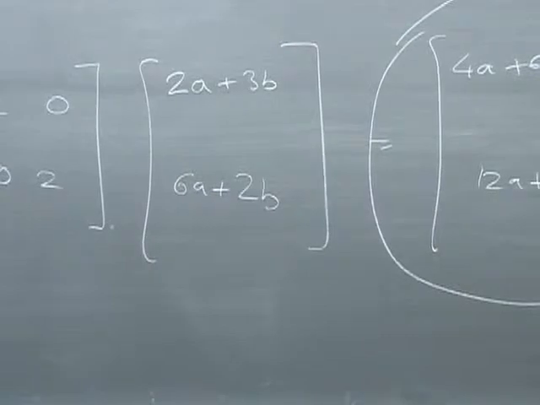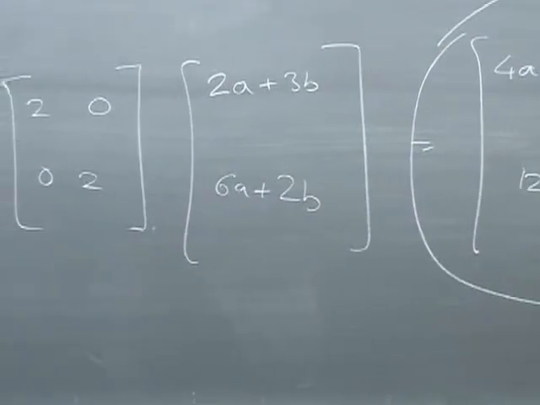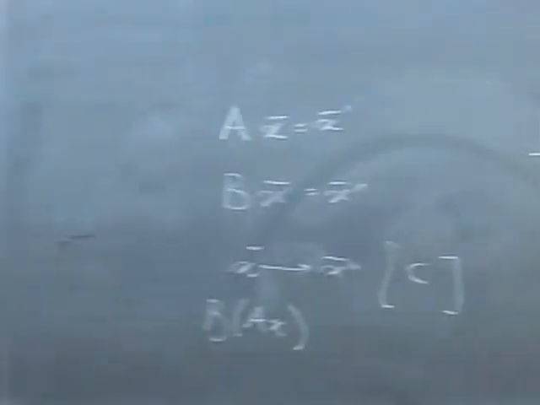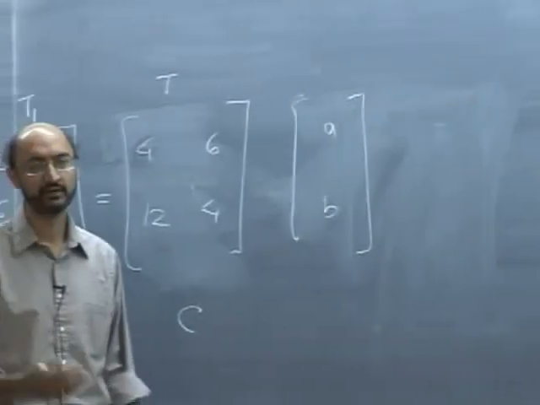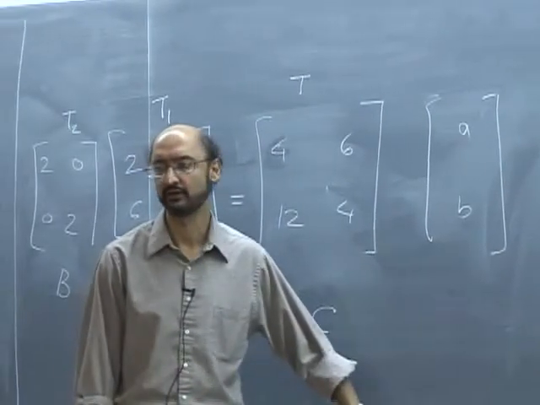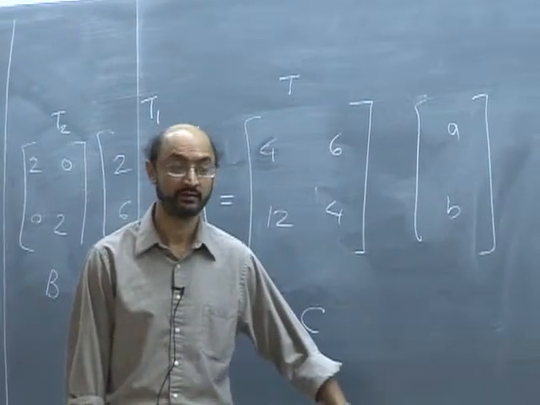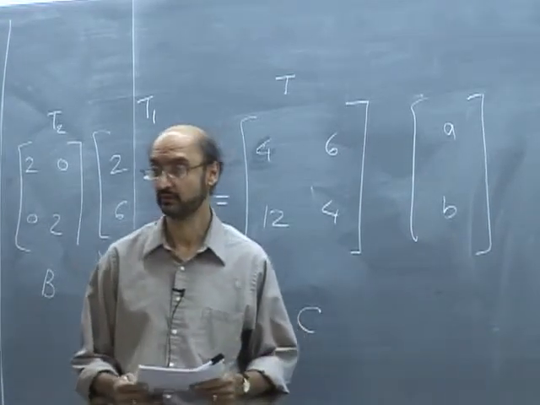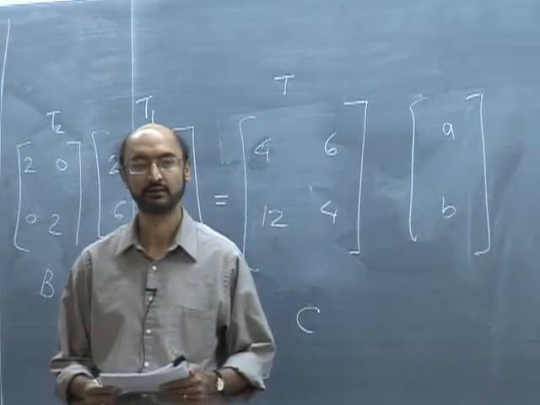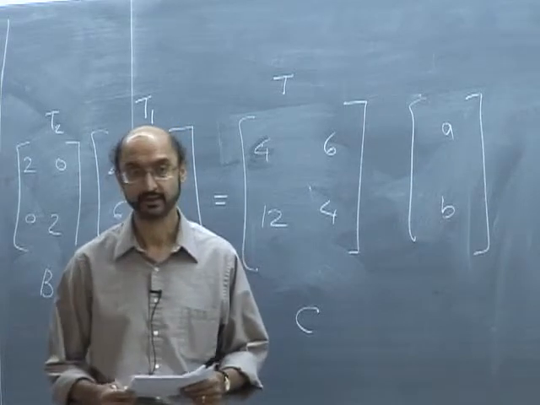In general, you can prove it for any transformation. It's a very simple exercise, and it just follows from the definition of matrix multiplication. Okay? So any questions about that?